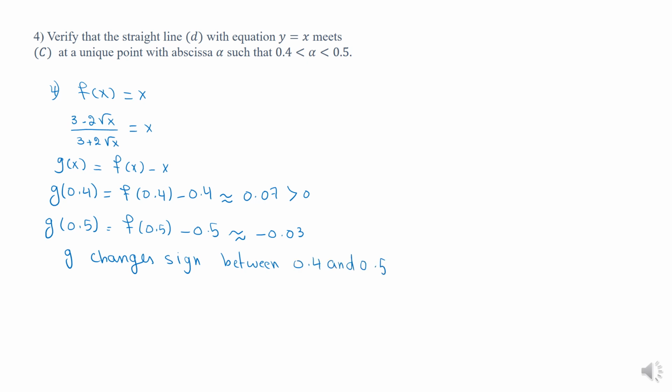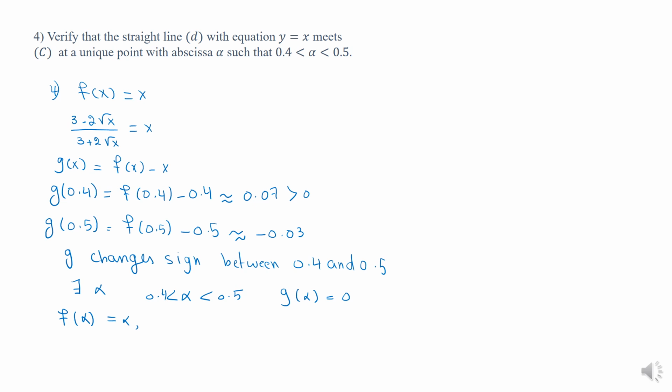This means that you have a solution alpha, so there exists alpha between 0.4 and 0.5 where g of alpha is 0, so f of alpha equals alpha.